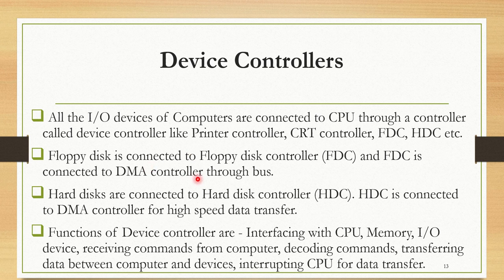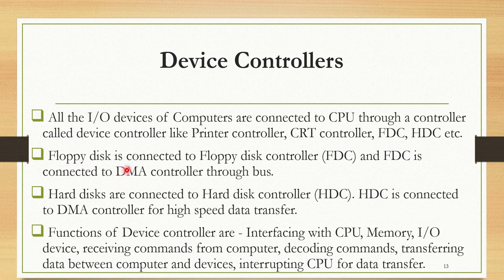The floppy disk is connected to the floppy disk controller, the FDC, and the FDC is connected to the DMA controller through the bus, because data has to be read from the floppy and go to memory.